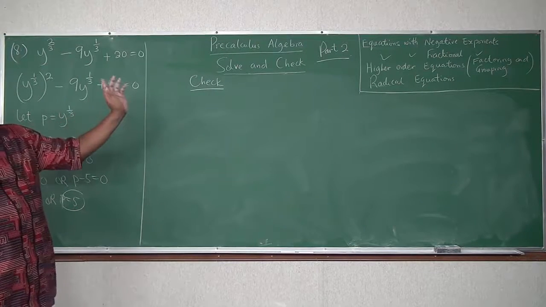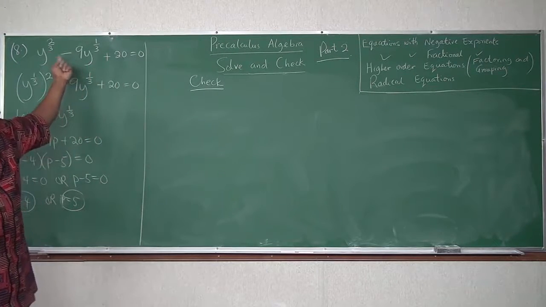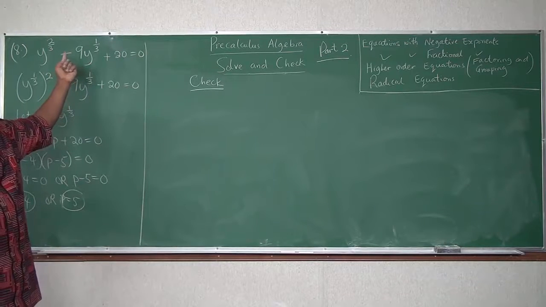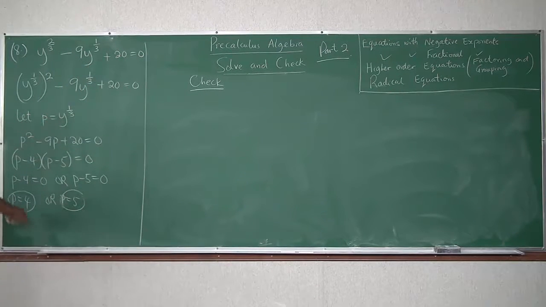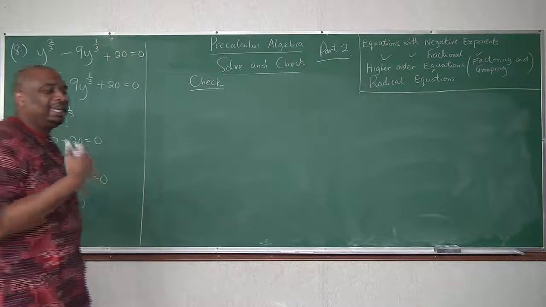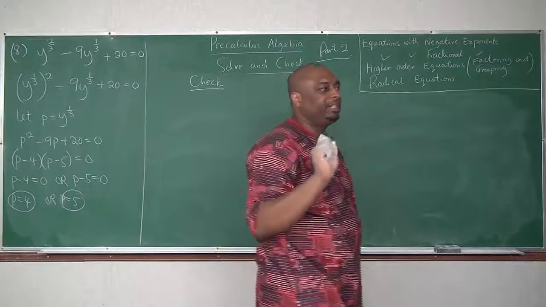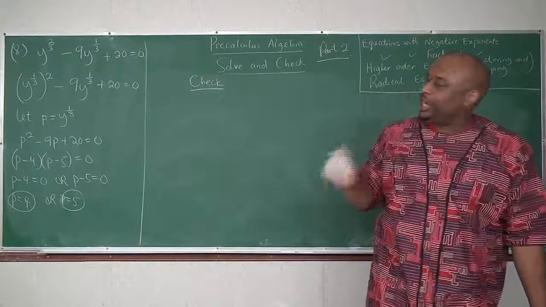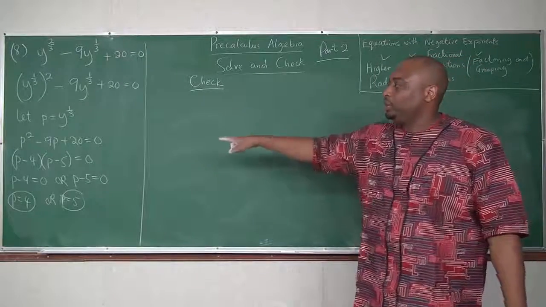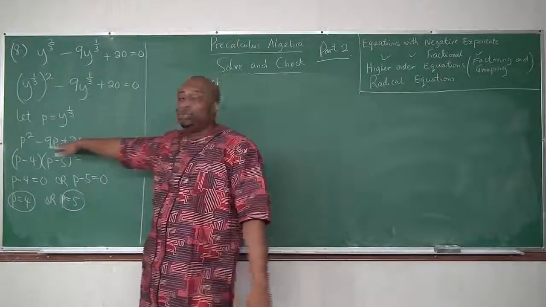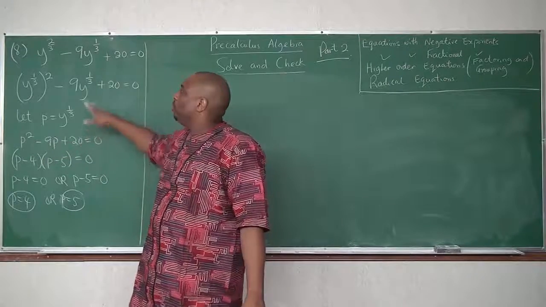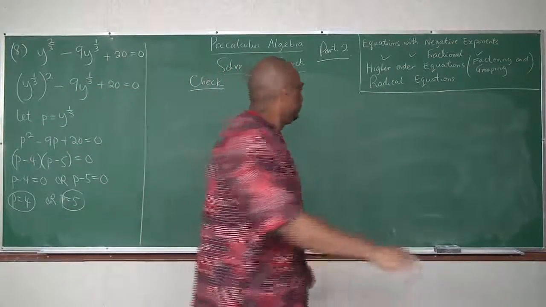I wrote check, and when I was about to write the original equation, I saw y, but this is p. So I have to pause and get my y first. This is one of the reasons why you should always check with the original equation. Do not check your work with the modified equation. Always check your work with the original equation.